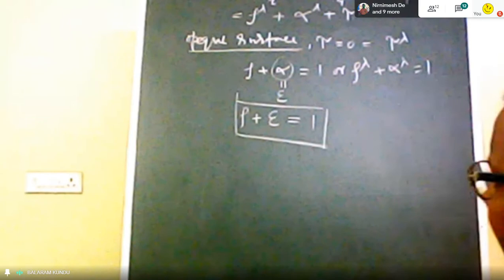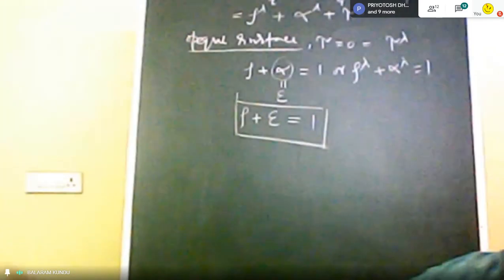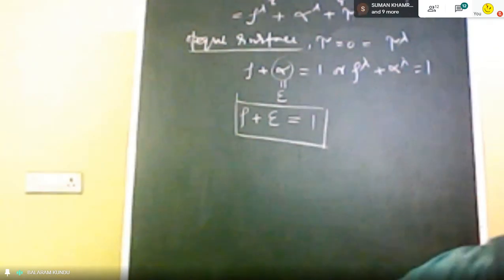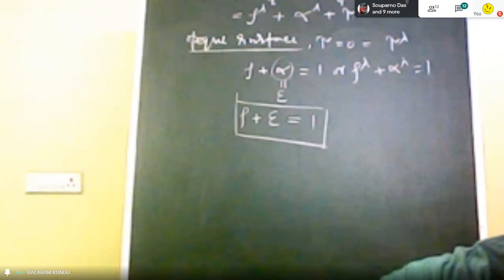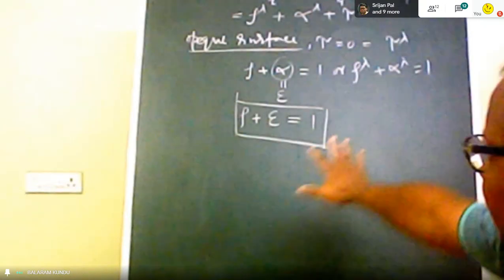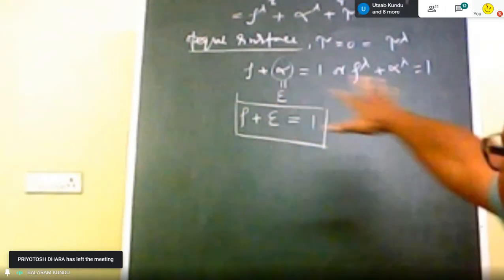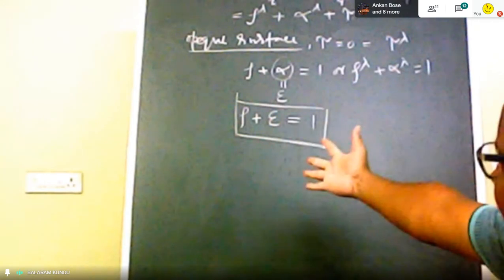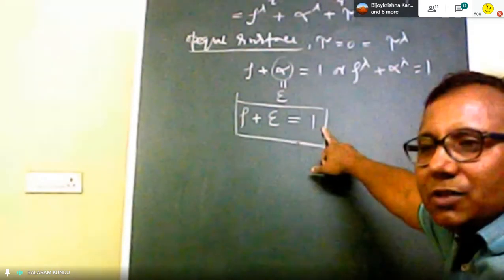And that emissivity equals absorptivity. For any body emissivity equals absorptivity, whether black body or real body. So from the Kirchhoff law, emissivity equals absorptivity, and therefore for an opaque body or opaque surface, we have one relationship: reflectivity plus emissivity should be equal to 1.